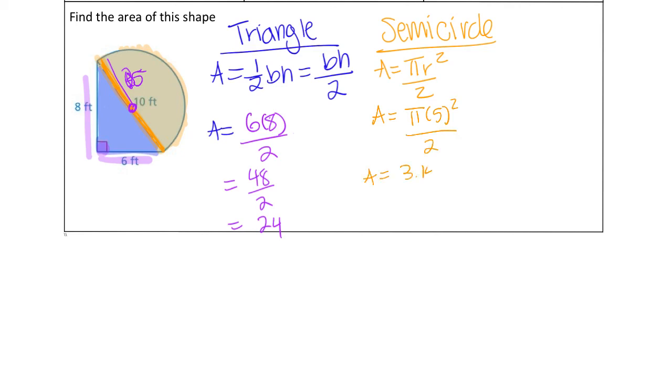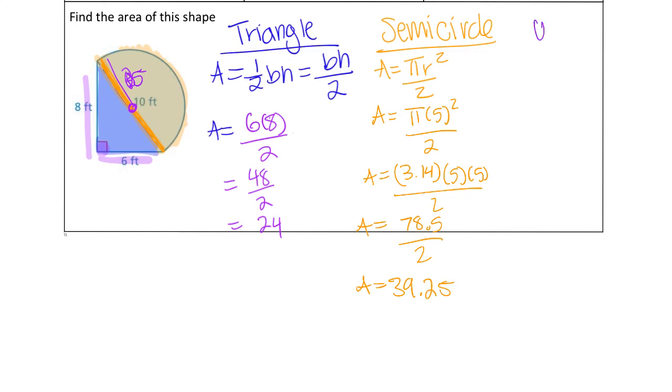That's 3.14 for pi. Squaring a number means to multiply it by itself. So I have 3.14 times 5 squared is 78.5, divided by 2, which is 39.25.